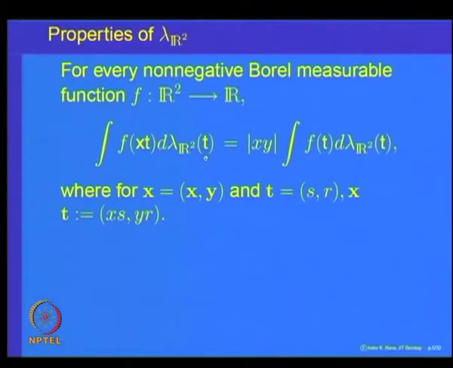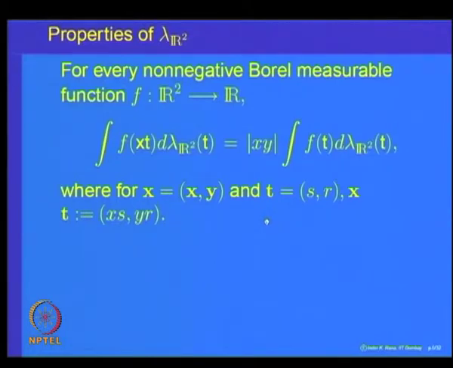That means this will be true when f is a non-negative simple measurable function. And for a general non-negative measurable function, one takes limits of non-negative simple measurable functions and applies the monotone convergence theorem to get that this result is also true. So, the standard simple function technique will give you a proof of this. So, I will say that you have a look at that proof yourself.